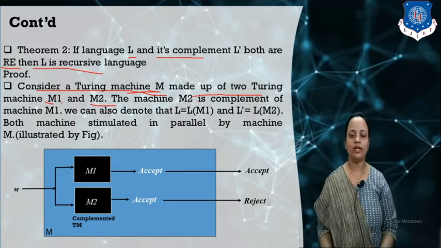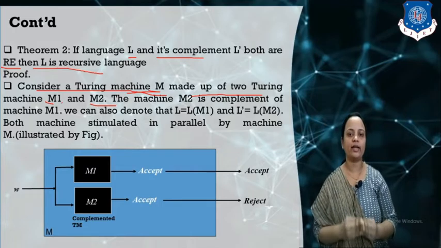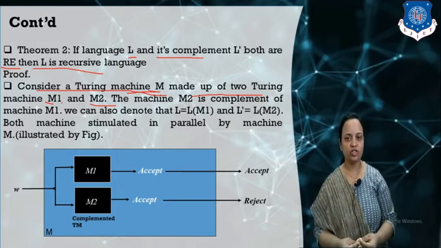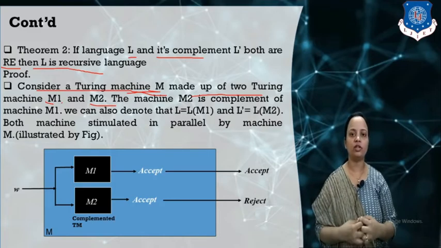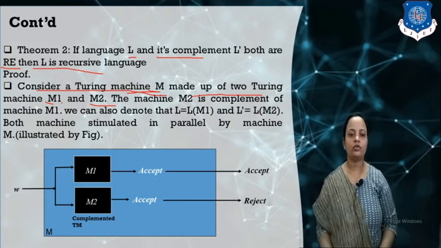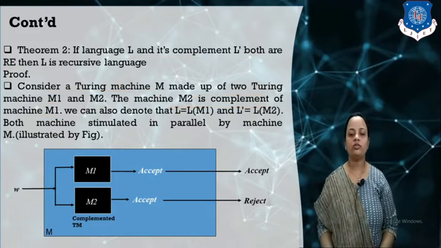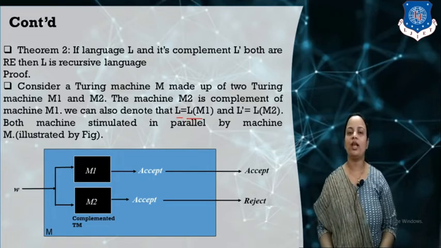M1 is a Turing machine designed for accepting language L. M2 is a Turing machine designed for the complement, that is, the complement of M1. So we can also denote that M1 accepts the language L, and the M2 machine accepts the language L dash, which is the complement of L.